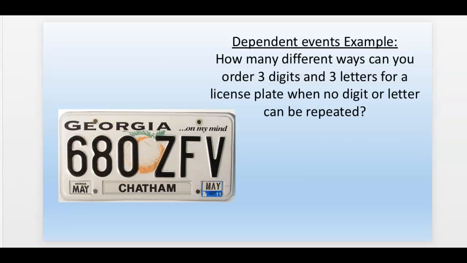In another example, these are dependent events. How many different ways can you order 3 digits and 3 letters for a license plate, when no digit or letter can be repeated? That makes them dependent because they cannot be repeated.